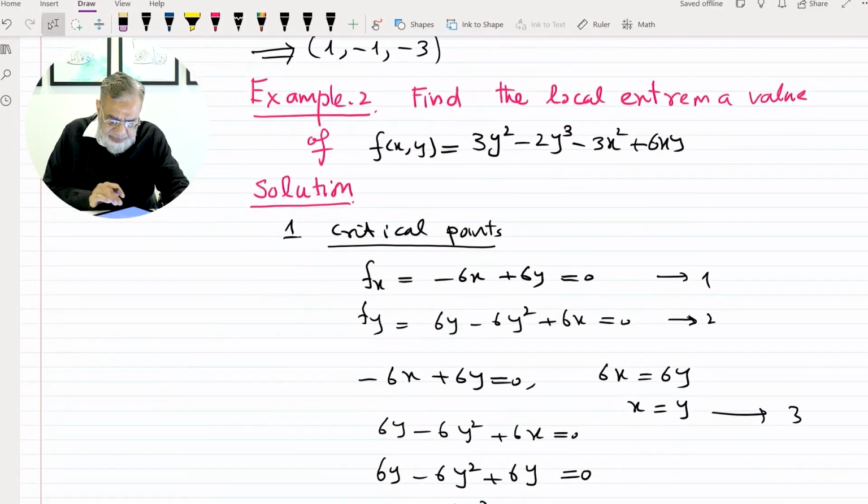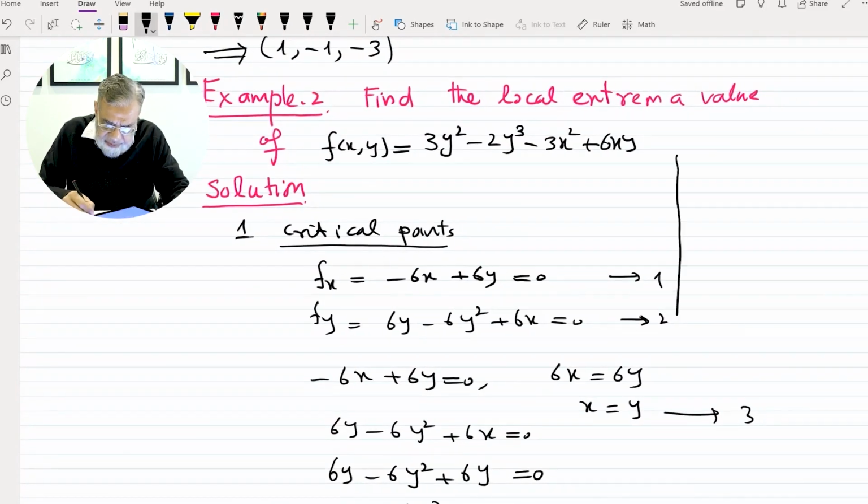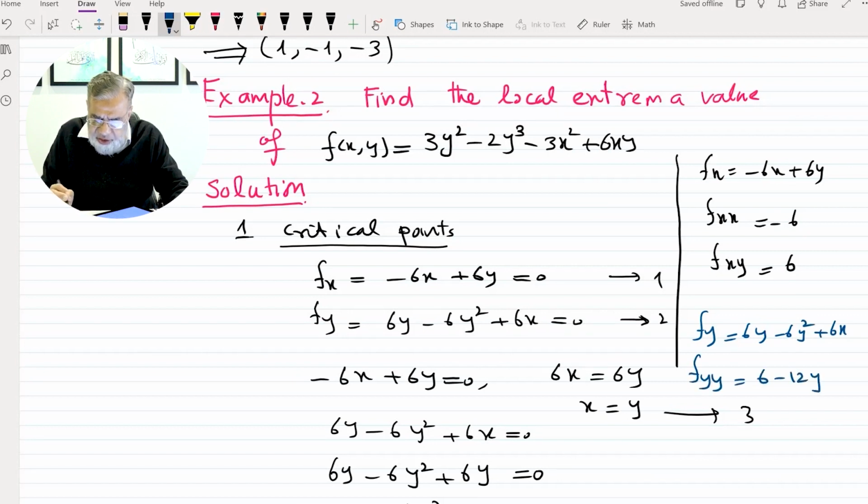The first derivative f_x is −6x + 6y, so f_xx is −6 and f_xy is equal to 6. Then f_y is 6y − 6y² + 6x, so f_yy is 6 − 12y.